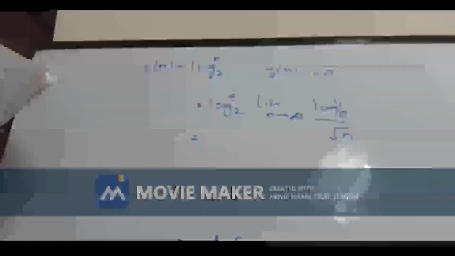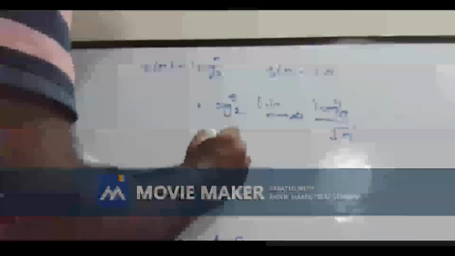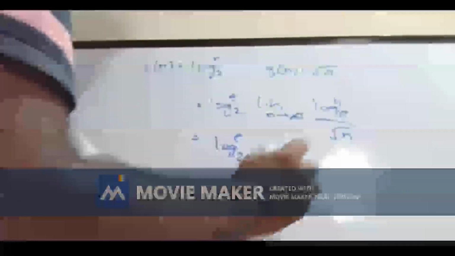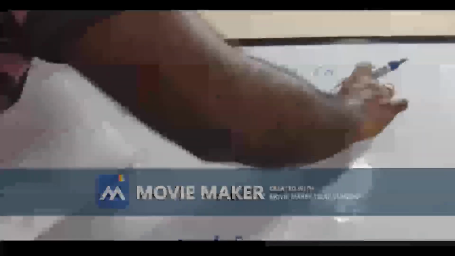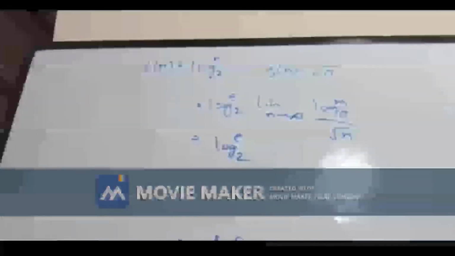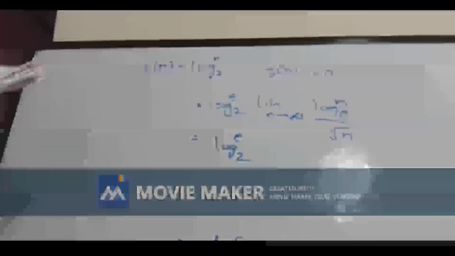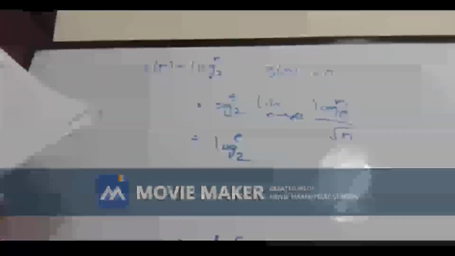So by using L'Hospital's rule, as I told you, you can obtain the derivatives of this and then apply the limit n tends to infinity, log e base 2. Now, what is the derivative of log n with base e? We are just applying the derivative, that's all.